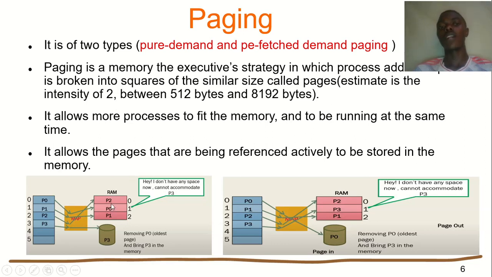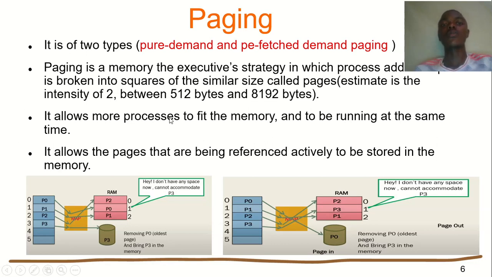As you can see here, they are broken down into squares of similar sizes. They can be of 512 bytes, 8192 bytes, depending on the architecture of the system.